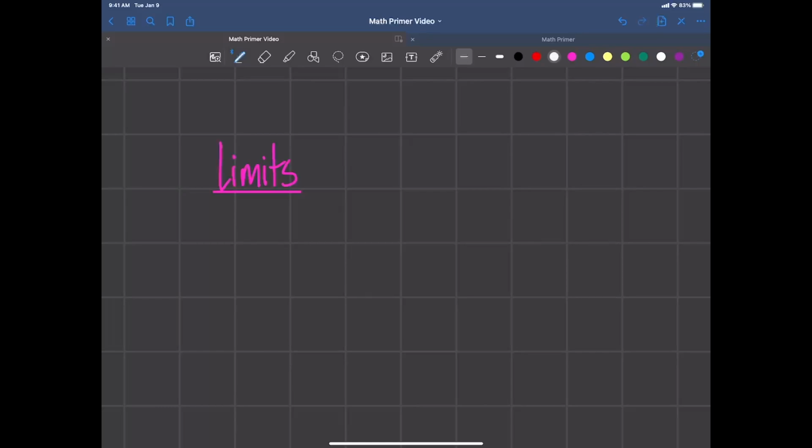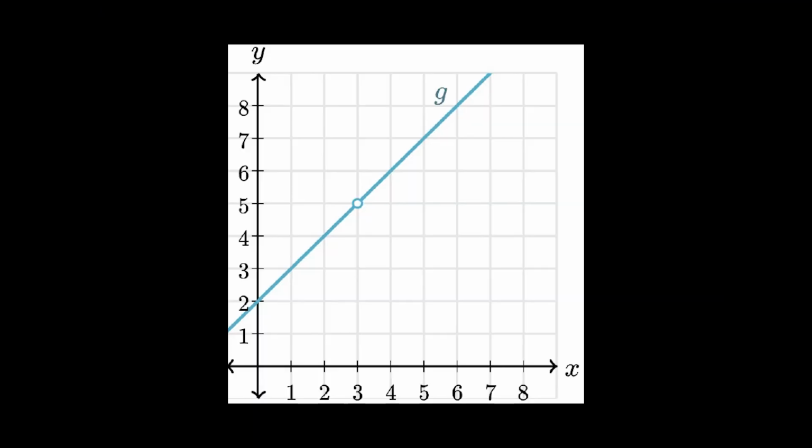So the limit of f of x equals x plus 2 at x equals 3 is f of 3. But this isn't always the case. Let's look at the piecewise function g. G isn't the same as f, since it's undefined at x equals 3, but the limit of g at x equals 3 is 5, even though the value at x equals 3 is undefined.